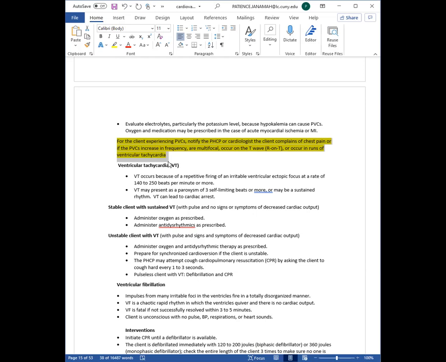And on the EKG, you see that, let me just read it, if the PVCs increase in frequency, there are multifocal points that occur on the T wave, R on T. So you see the R wave, you see the QRS.